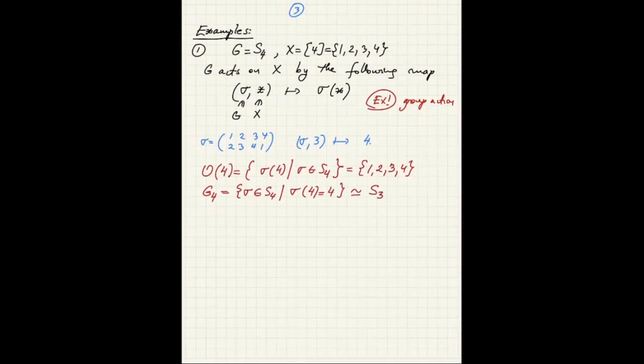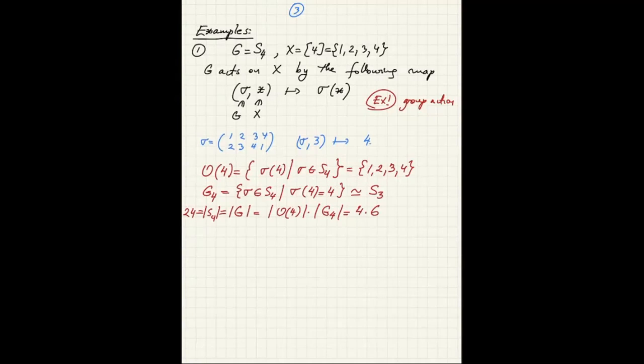And you can see here that the previous result is satisfied, that the cardinality of G, which is the cardinality of S4, which is 24, 4 factorial, equals the cardinality of the orbit of 4 times the cardinality of the stabilizer of 4, because one is 4 and this one is 6.